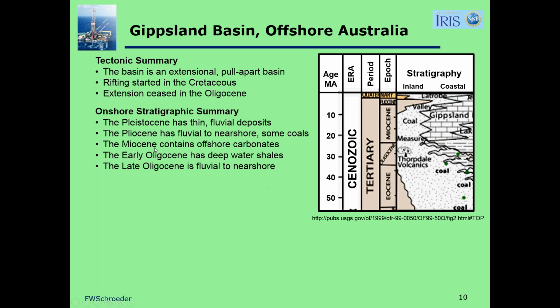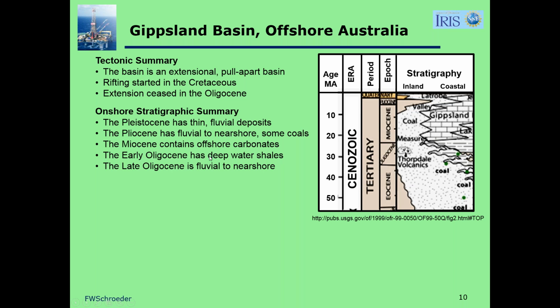From the onshore outcrops and wells, we can put together a stratigraphic summary. Here's a stratigraphic chart from inland to coastal. The Pleistocene is thin, fluvial deposits. We're really not interested in that. The Pliocene also is fluvial. We're not interested in that. The Miocene contains some offshore carbonates. This isn't really part of our exploration target.